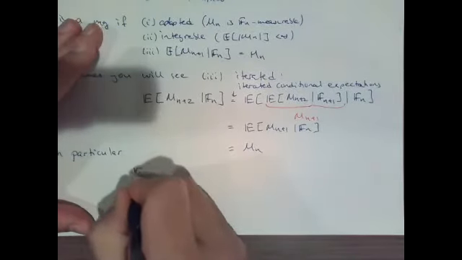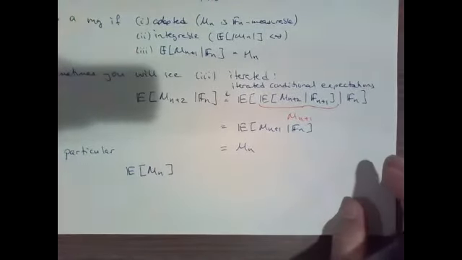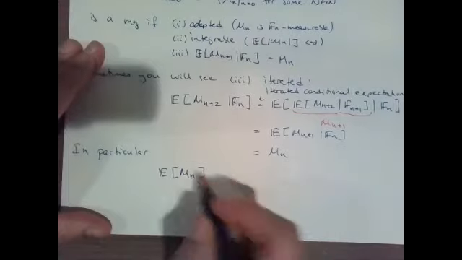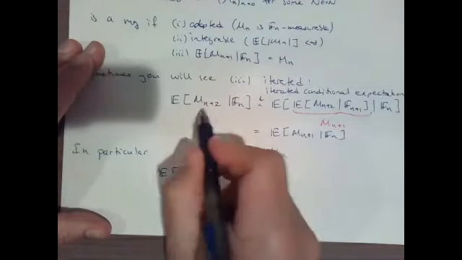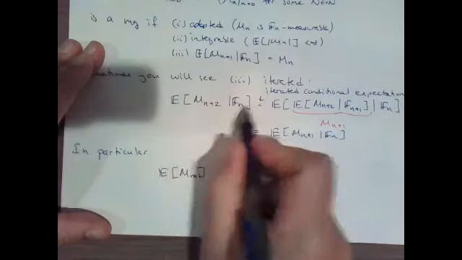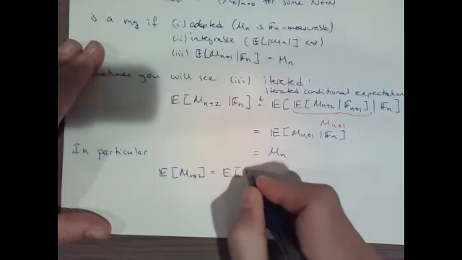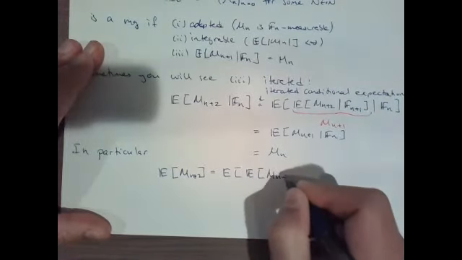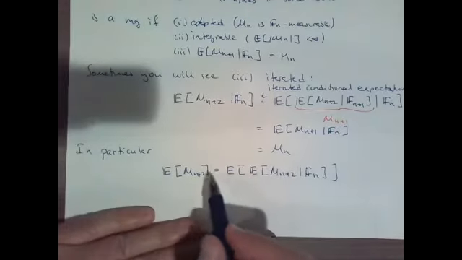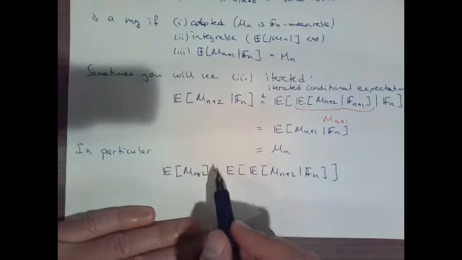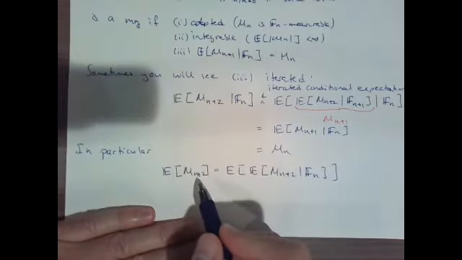In particular, if you were to compute the expectation of Mn with no conditioning, if I took M(n+2) here, I would then take the expectation of the left-hand side. The expectation of the conditional expectation is just the unconditional one.